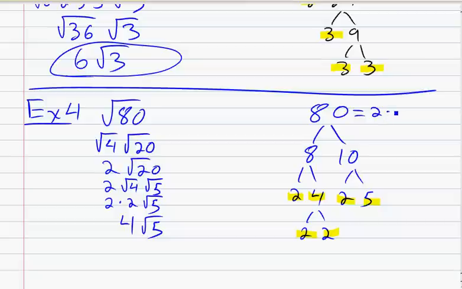So 80 is equal to 2 times 2 times 2 times 2 times 5.